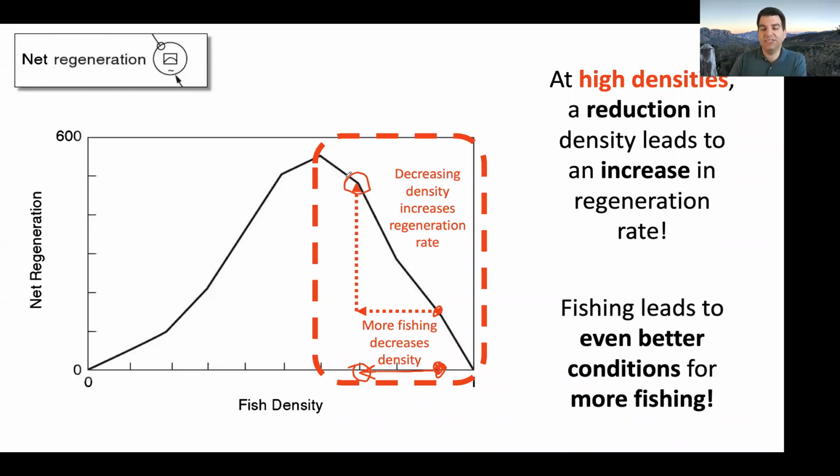So in this realm of sufficiently high density, fishing leads to better conditions for more fishing. For a while, the more fishing you do, the better it gets for even more fishing. So it's a really good thing to be in. The fishing actually makes the fish somehow healthier and they reproduce more.